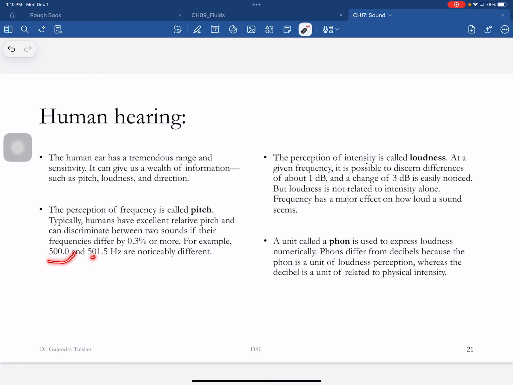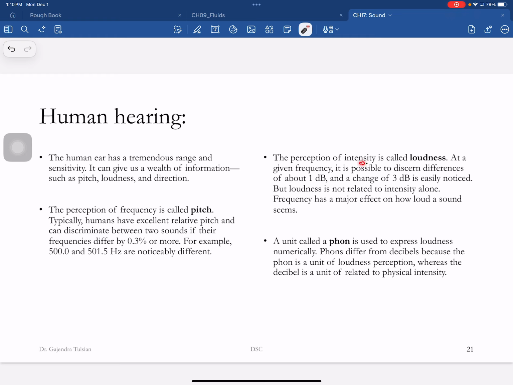So you can tell the difference between 500 hertz and 501.5 hertz. Any average Joe can do this. If you have a higher tonal sense, you could do better than that. Some people can hear something once and almost mimic it exactly. They have good tonal sense.